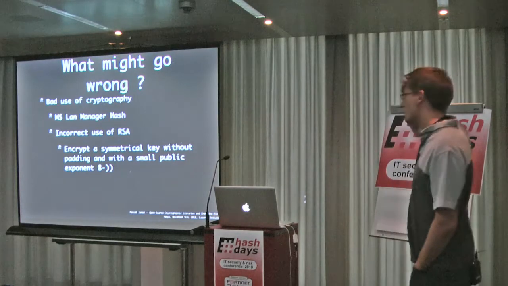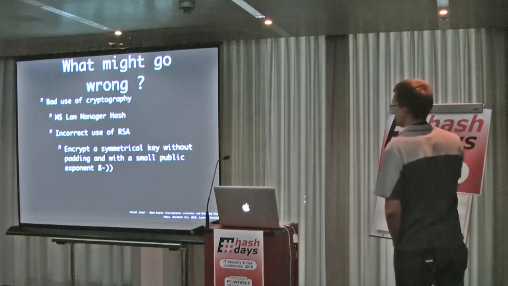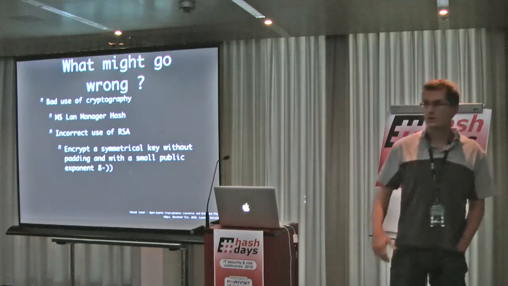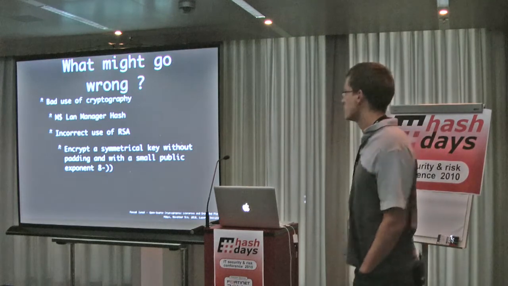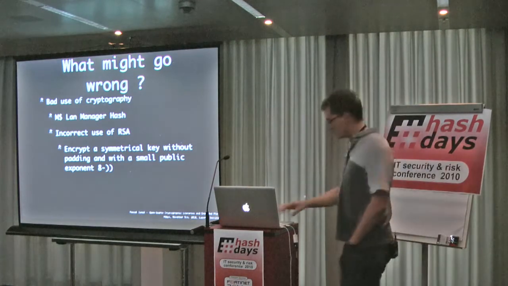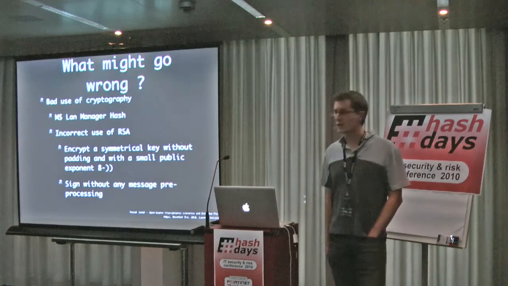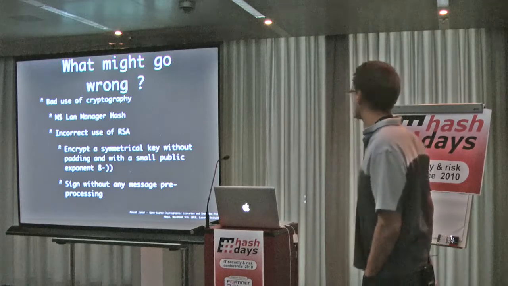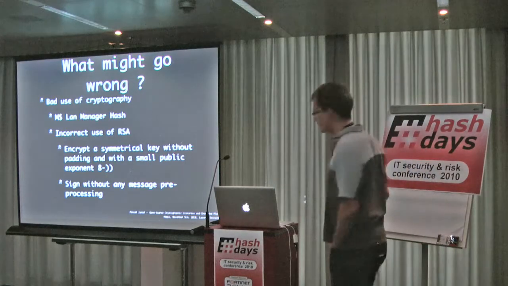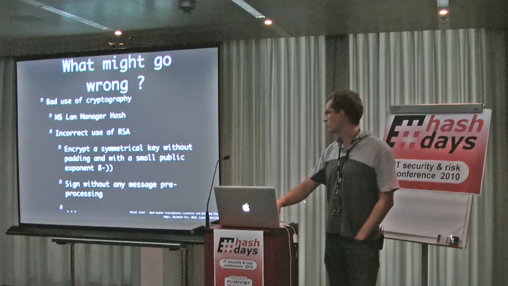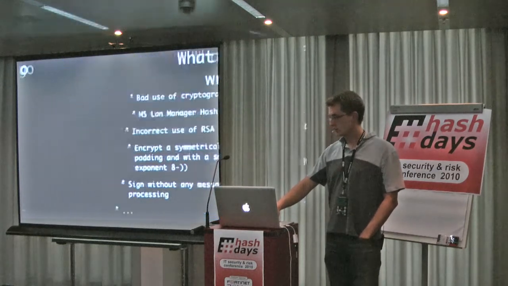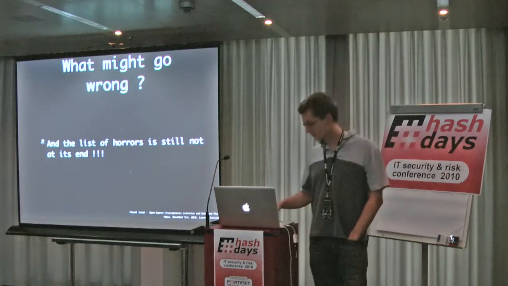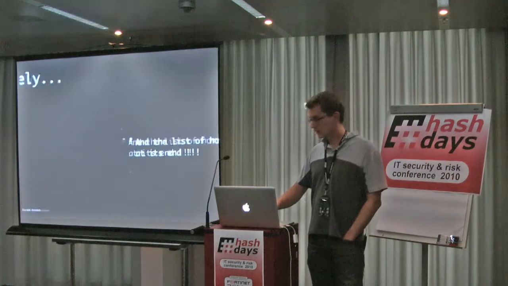If you just think about encrypting a symmetric key, even an AES key of 128 bits, with a small public exponent like e = 3, then you're going to have some fun. You can imagine signing with RSA without any message processing, and then you are going to suffer also. So there really are many other ways to do cryptography wrong. And of course, the list of errors is still not complete. This is just a very small example.